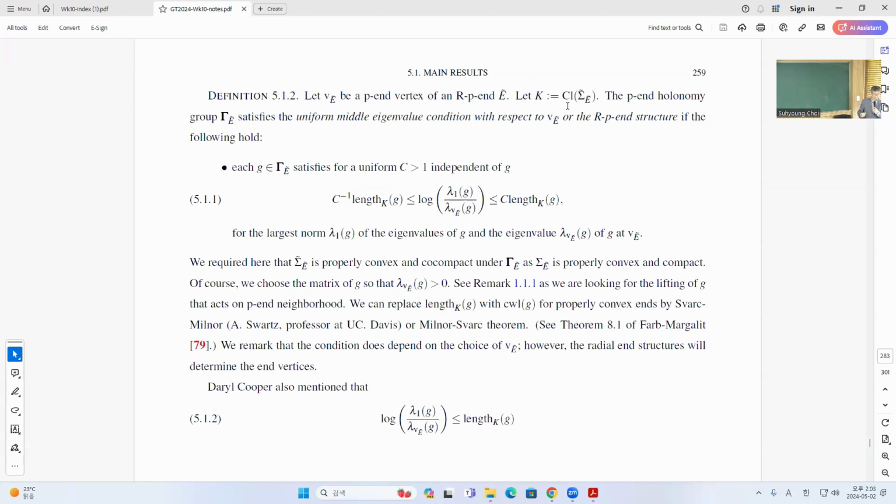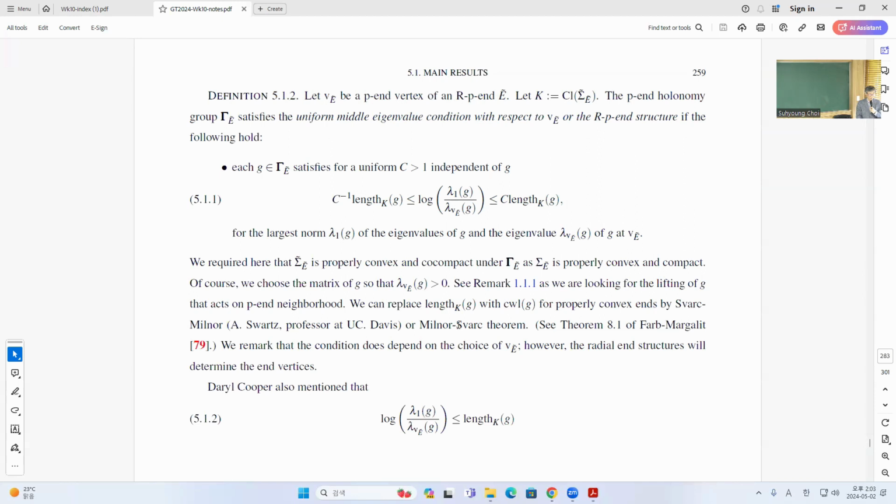These always have compact quotient on the gamma, so let's look at this largest eigenvalue of G divided by the VE tilde, and then suppose these are in between with some constant, then this satisfies the uniform middle eigenvalue condition.